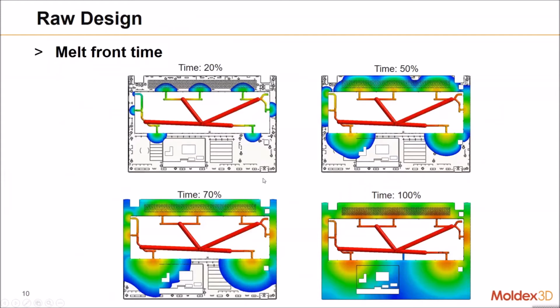From the melt flow pattern, we can predict some problems from this picture. At the 70% time stage, we can see the two melt flows might converge here, in the red circle area. So it might cause a weld line or air trap in this region.